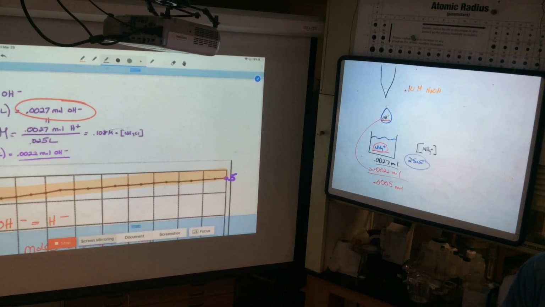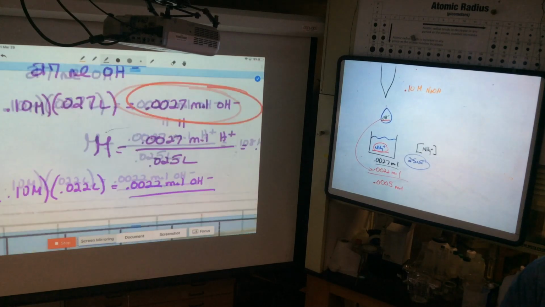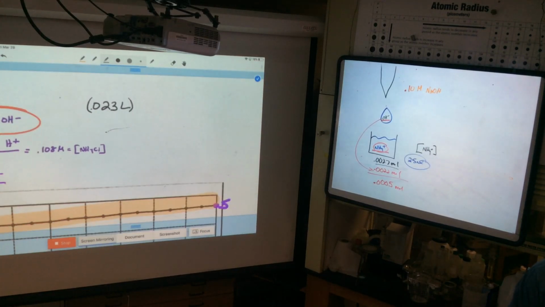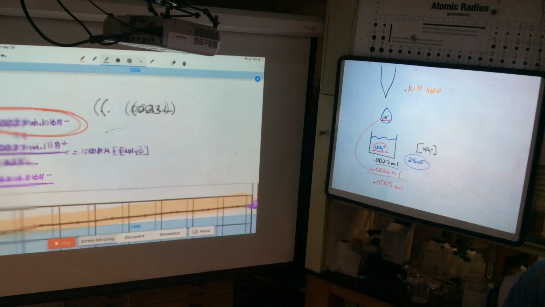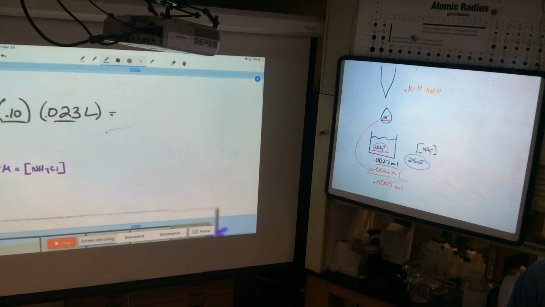So what do I do with that? We've been down this road before. If I've got 23 milliliters, which is really 0.023 liters, don't I know the concentration of my base? It's 0.10. So the molarity times the volume gives me the moles.